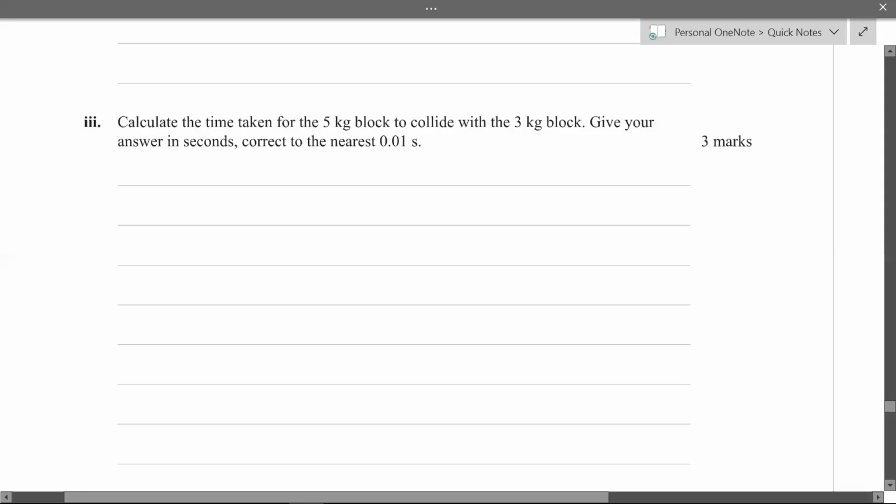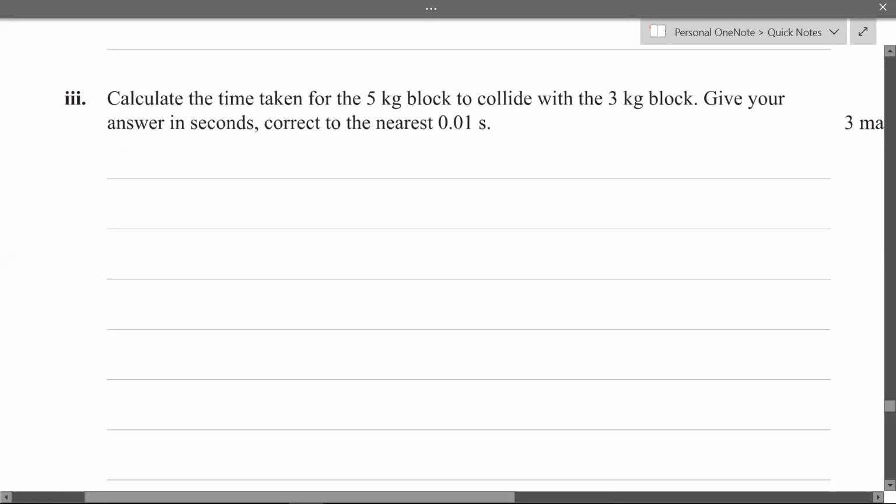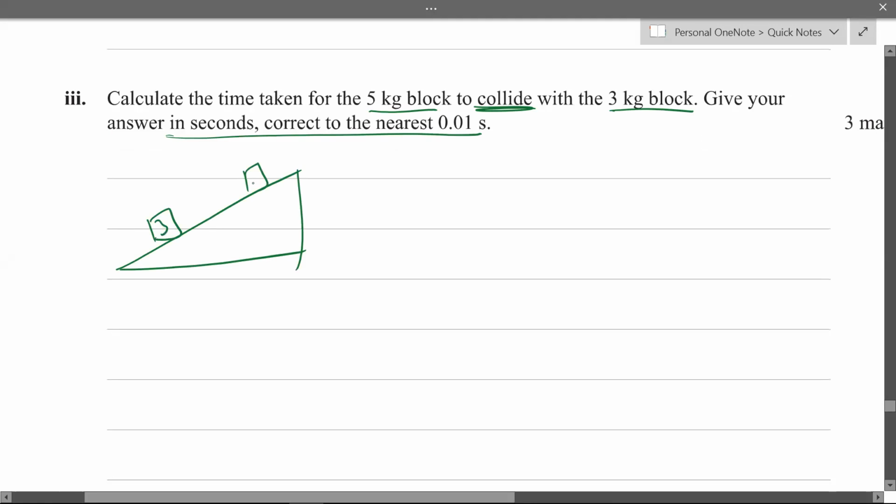Last part of the question, so calculate the time it takes for the 5 kilogram block to collide with the 3 kilogram block, and then give your answer in seconds to the nearest 0.1 seconds. So if they're going to collide, then they're at the same spot.